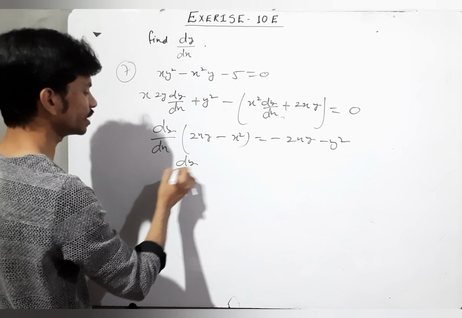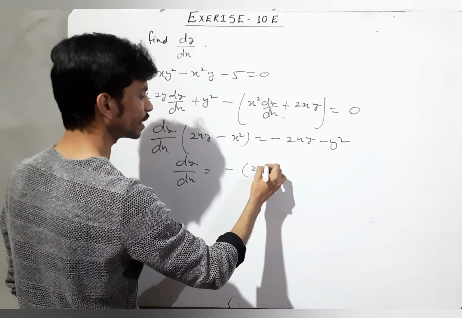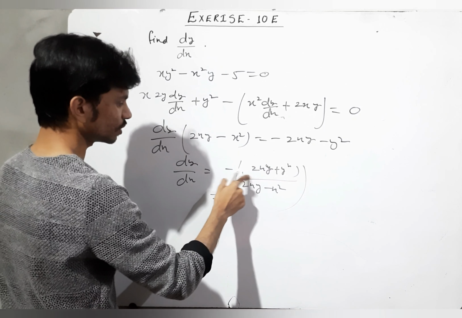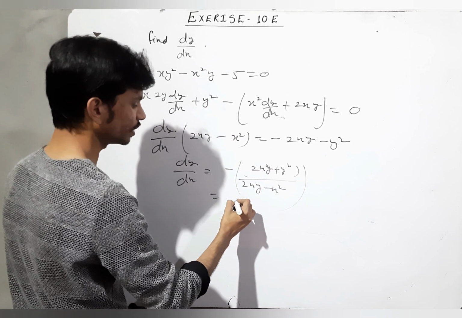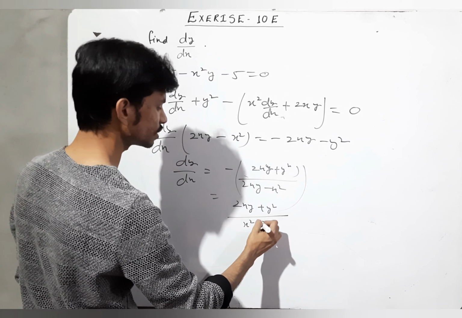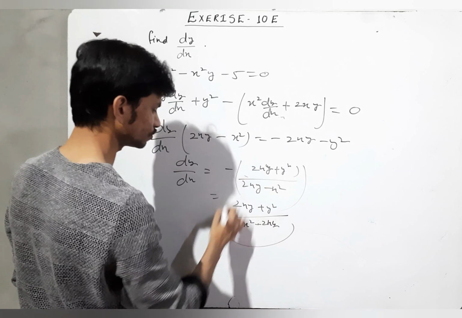So dy over dx is minus 2xy plus y square divided by 2xy minus x square. Also let me include this minus in the denominator, so it is 2xy times of y square divided by x square plus minus 2xy. So this is the final answer.